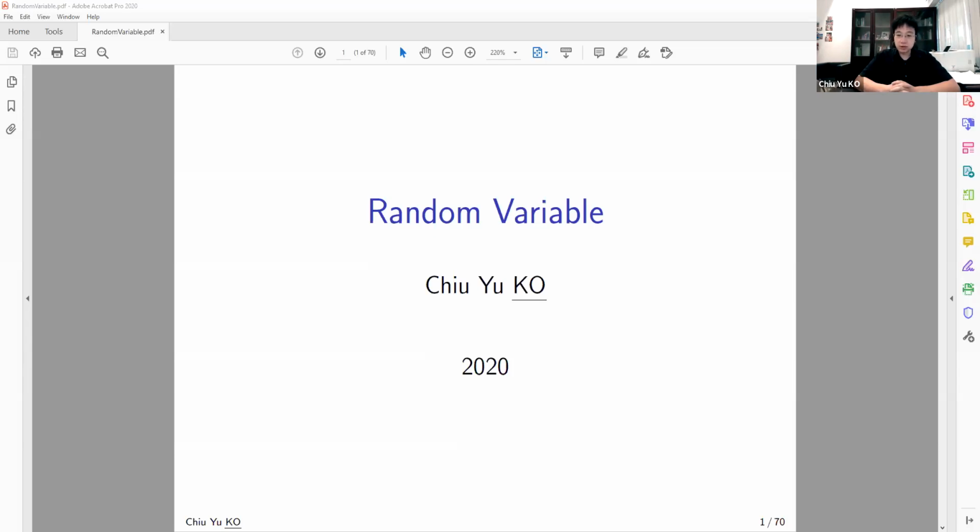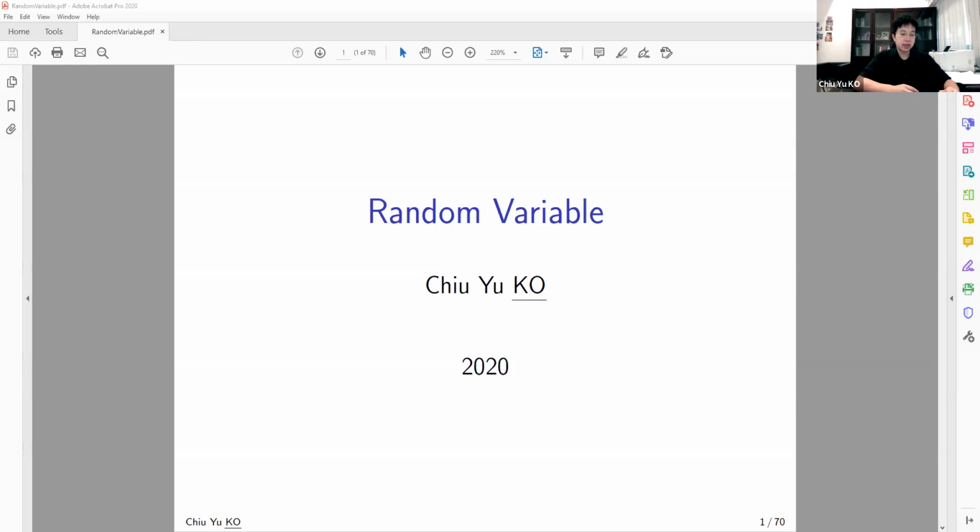For example, say you roll a die many times, you probably don't care about the exact number of each roll, maybe you care about some of the numbers. Or you don't really care whether it's heads the first time or the second time, as long as the number of heads is the same.